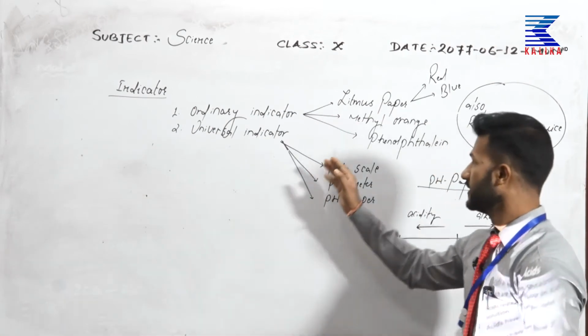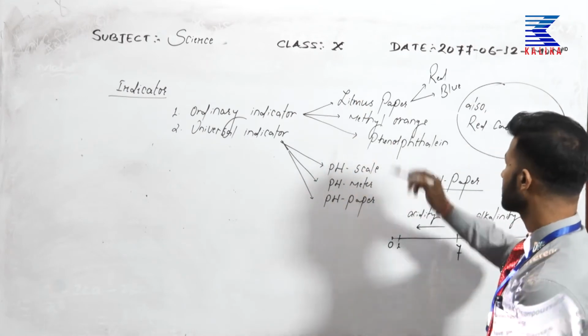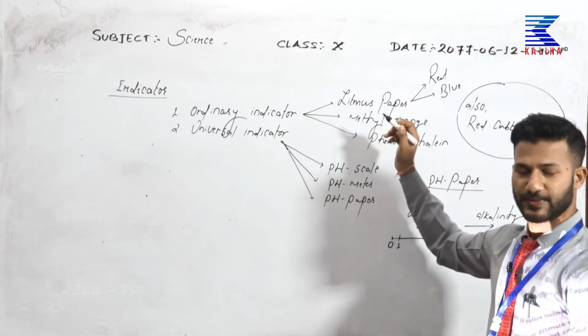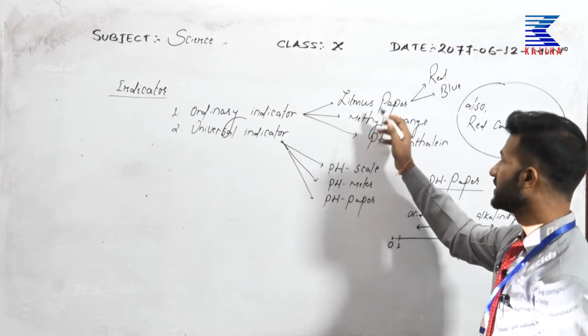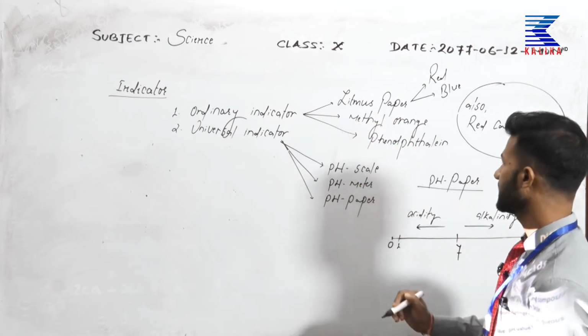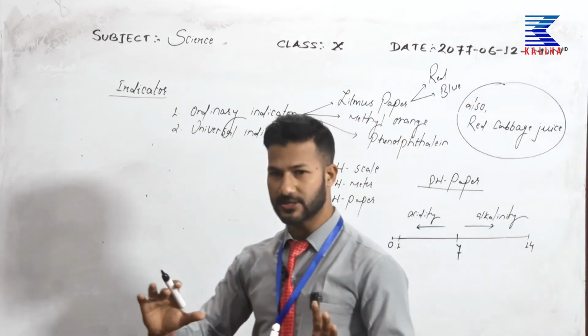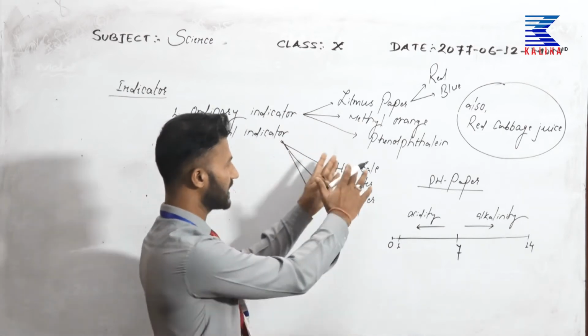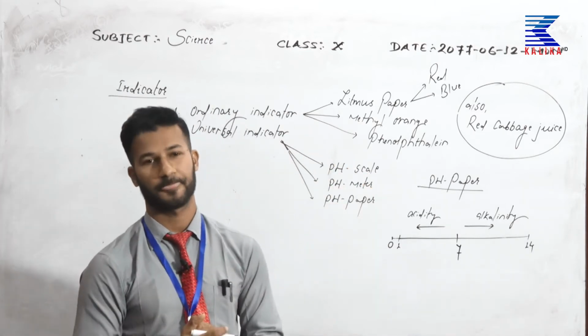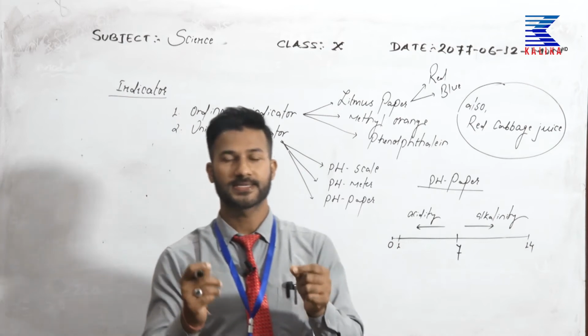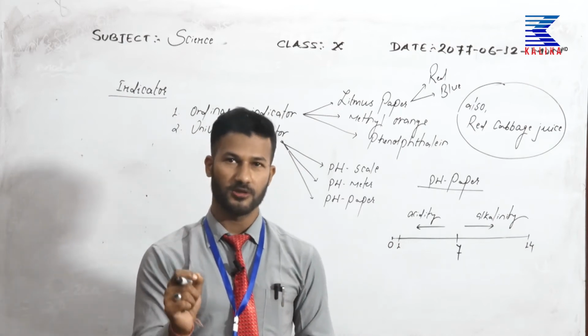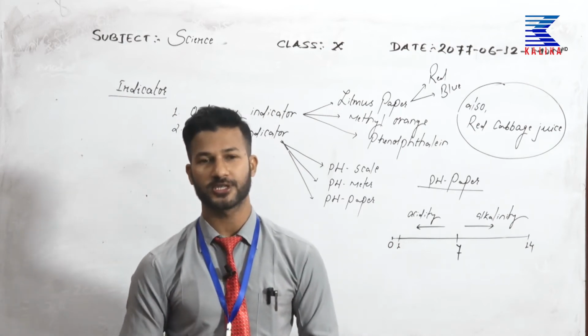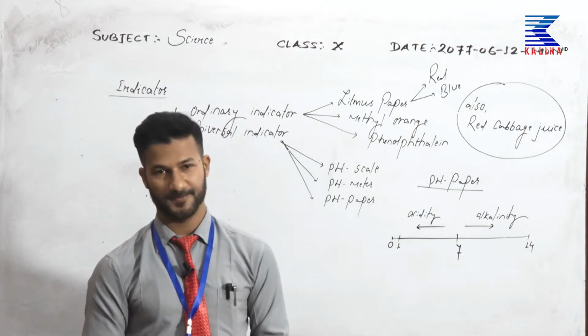Okay. See here, we talked about litmus paper and the changes we can find out when these indicators are treated with acid and base. But what happens when these indicators are treated with salt? Actually, I already said, salts are mostly neutral chemical substances.